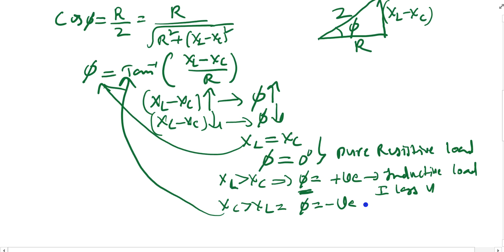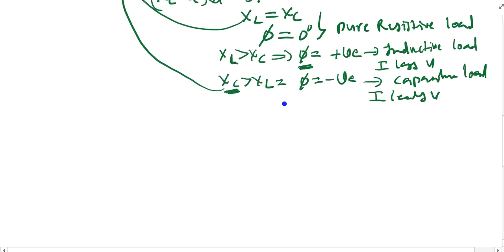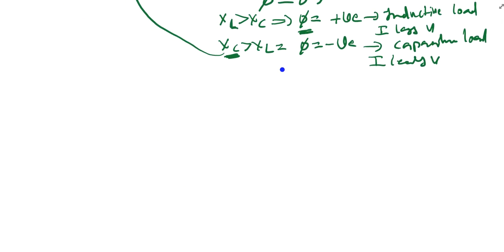So if it is negative, it means my capacitor is dominating. So this is a capacitive dominating load, and obviously my current leads the voltage. That is a point we need to observe here.